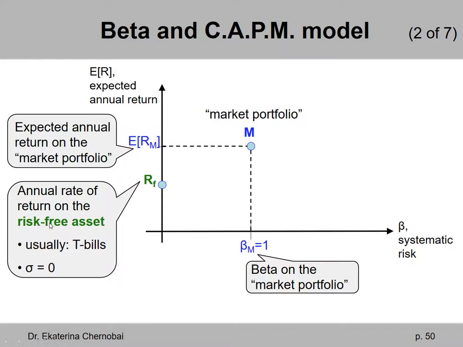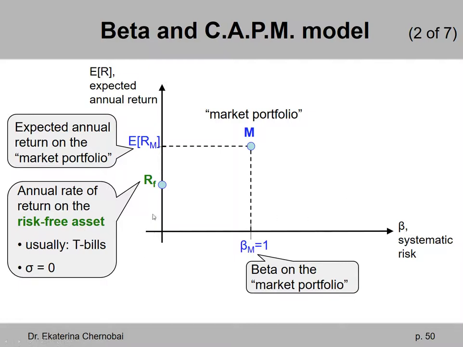Risk-free, in theory, means no fluctuations in return, so perfect predictability of what your return will be in percent every year. Even though in real life, even treasury bills exhibit a little bit of fluctuations over time, we simplify the reality a little bit and say that the fluctuations are 0, which means the standard deviation is 0 as well as the beta is 0.